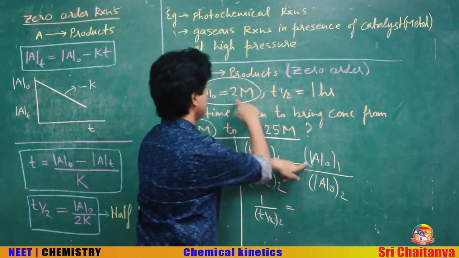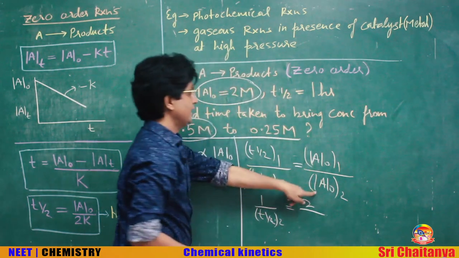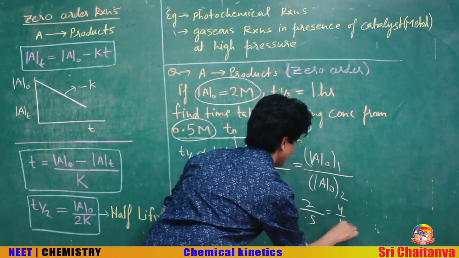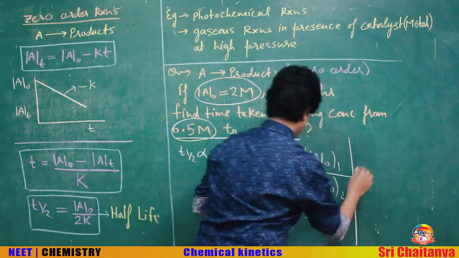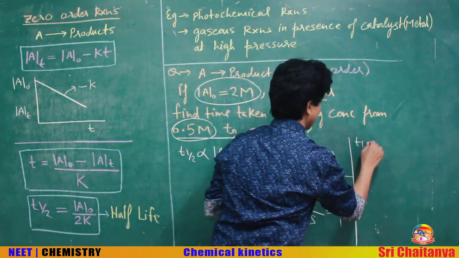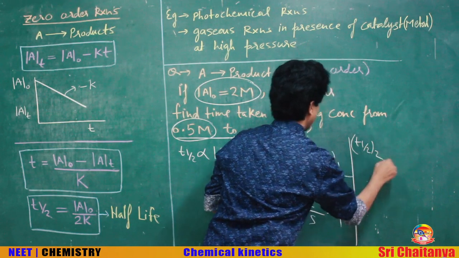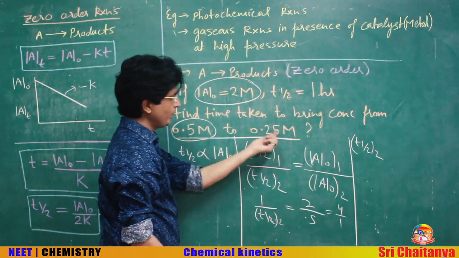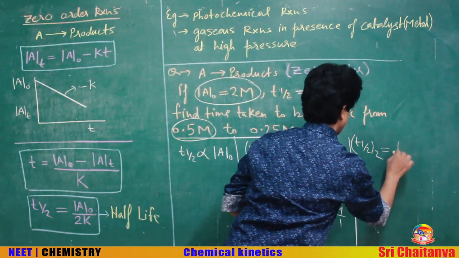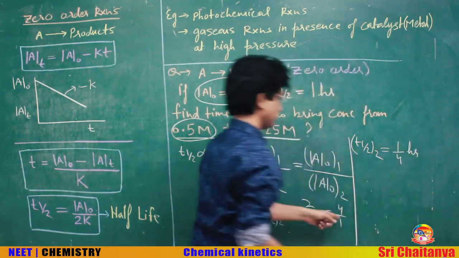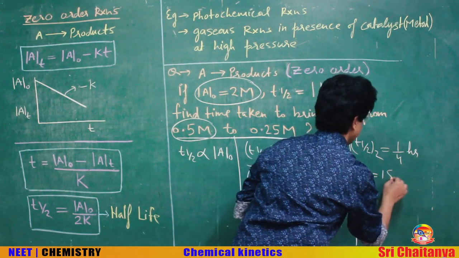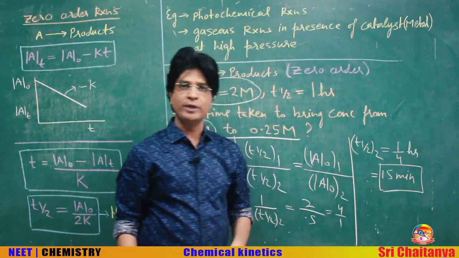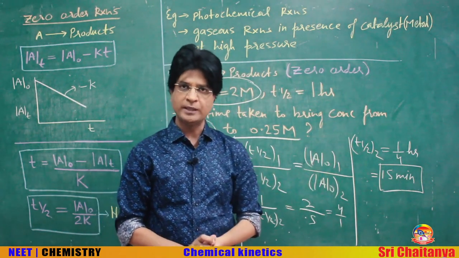A naught here is 2 molar and A naught here is 0.5, so you will see that this will be 4 by 1. By rearranging, the t half required to bring concentration from 0.5 molar to 0.25 molar will be 1 by 4 hour, and this will be equal to 15 minutes. So this is how you are going to do the question. I hope it is clear.